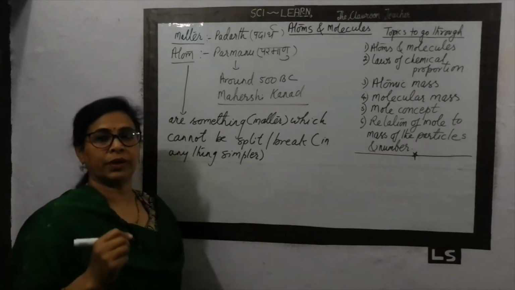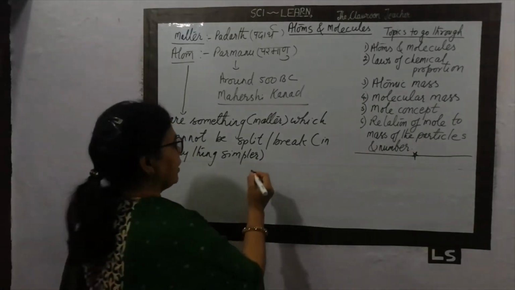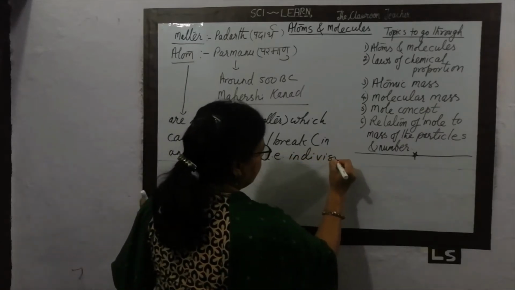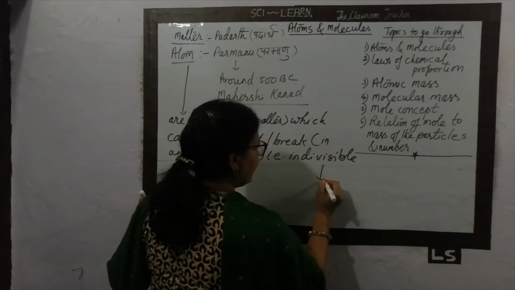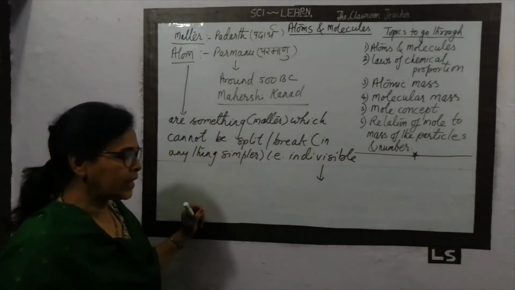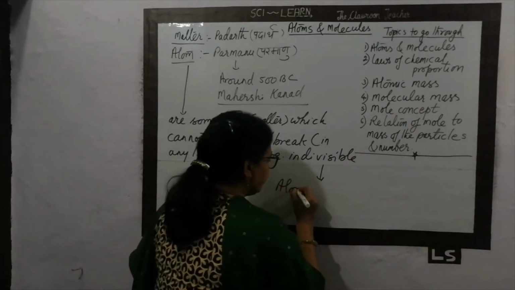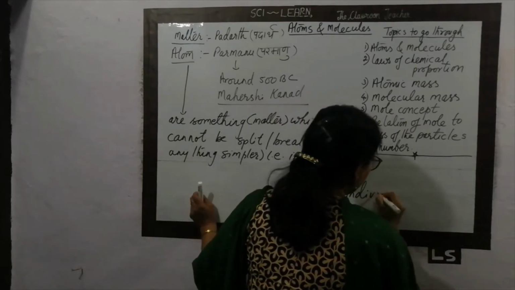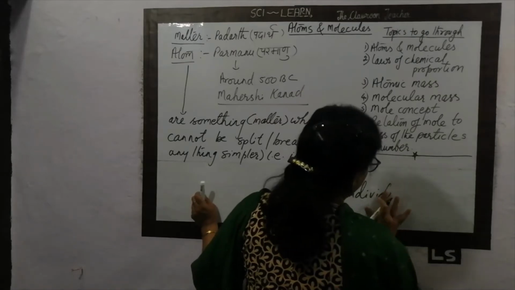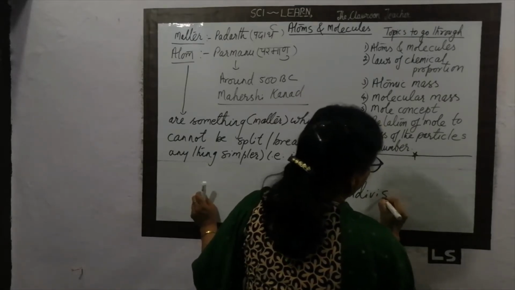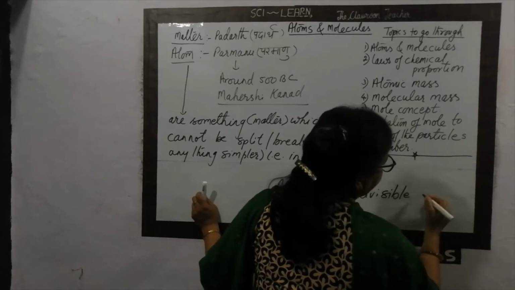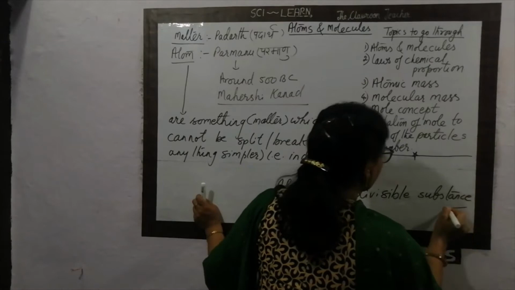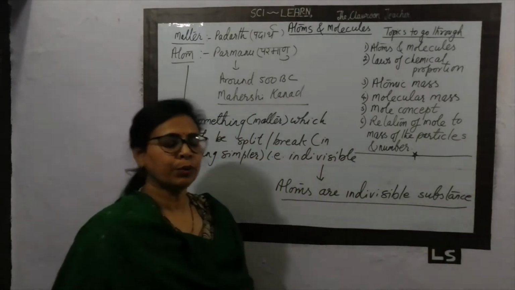We are unable to make it into anything simpler, and that is called indivisible. In short, to explain what an atom is: atoms are indivisible substance. It is the simplest form which cannot be divided into anything simpler.